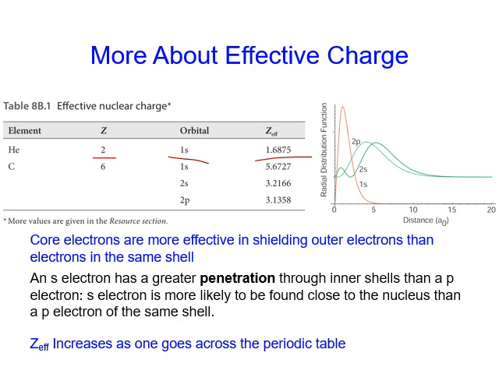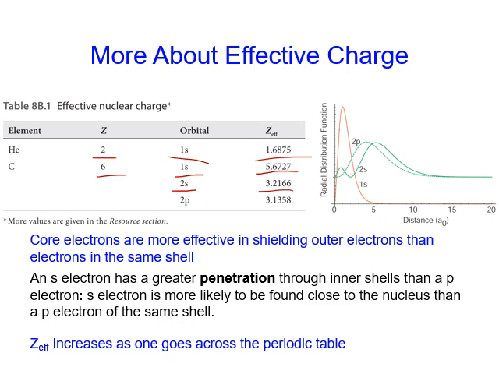When we go to carbon, which has 6 nuclear charges, the 2 electrons in the 1s orbital feel an effective nuclear charge of 5.6, which is slightly less than 6. But for the 2 electrons in the 2s orbital, the effective nuclear charge is greatly reduced to 3.2.